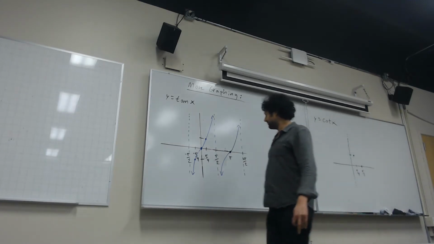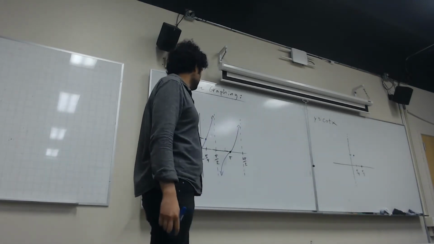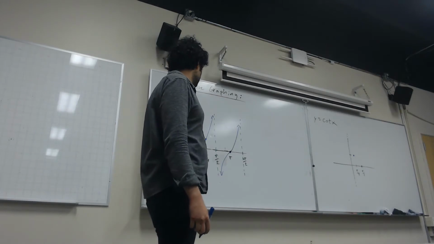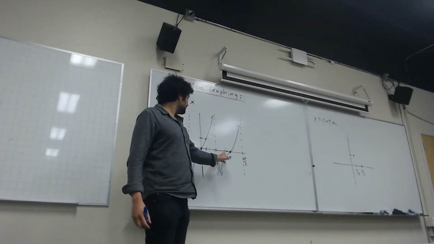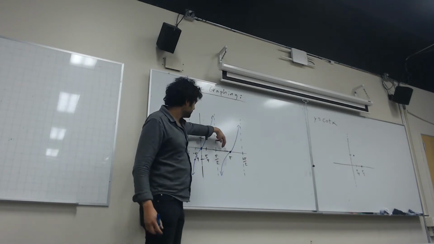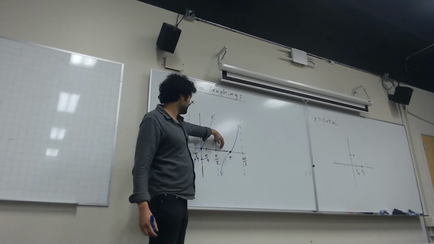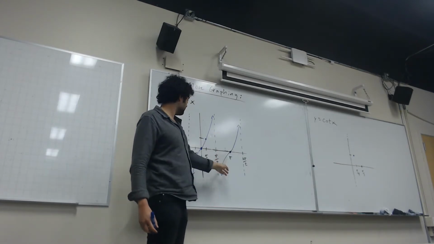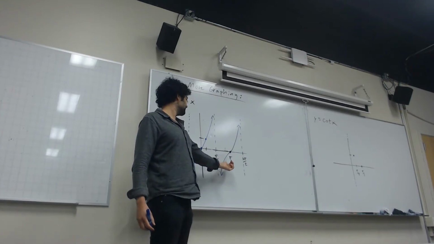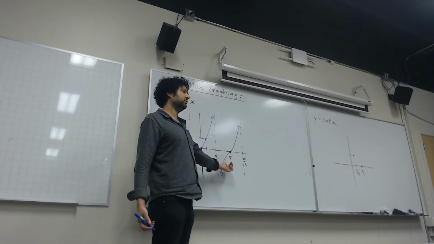Okay. Now, let's keep going. Over here I've left it out, but what would tangent be right in between pi over 2 and pi? What's halfway between pi over 2 and pi? 3 pi over 4, right? So tangent of 3 pi over 4, can you see it over here? What is it? Negative 1. What's the reciprocal of negative 1?